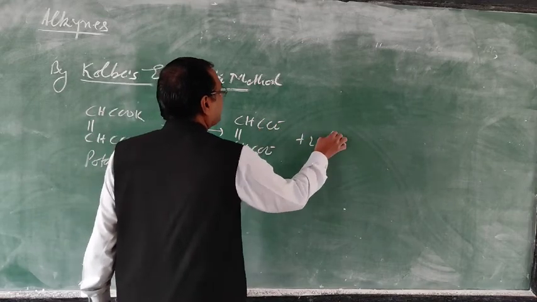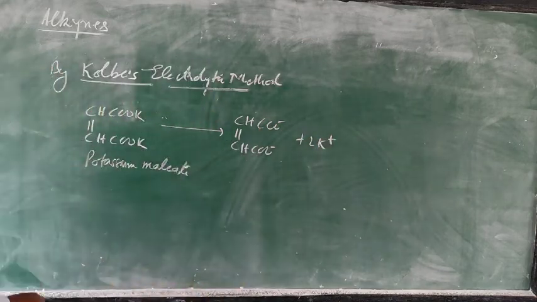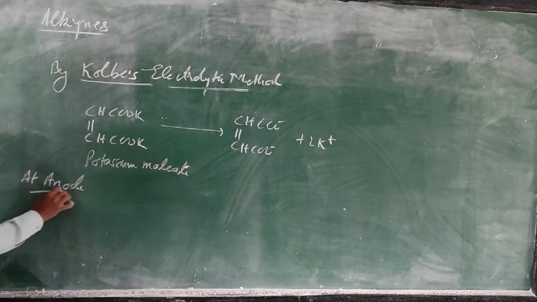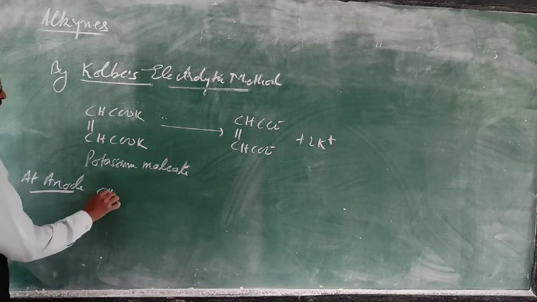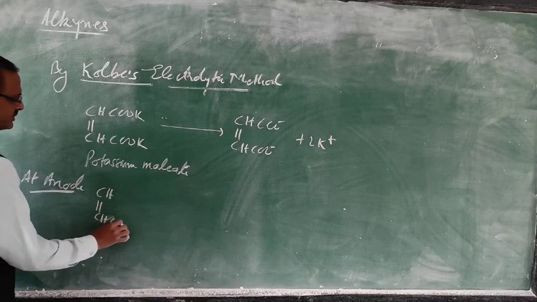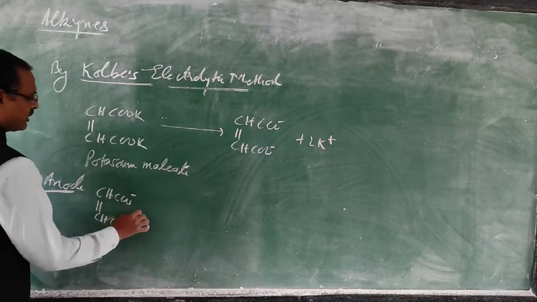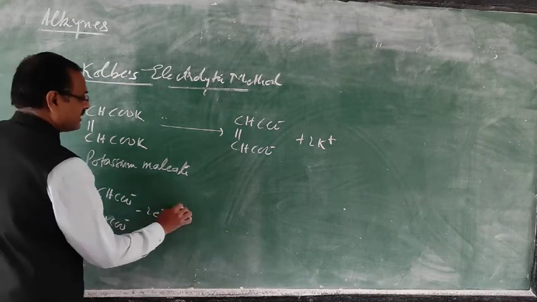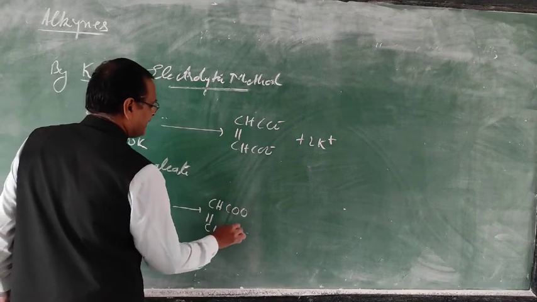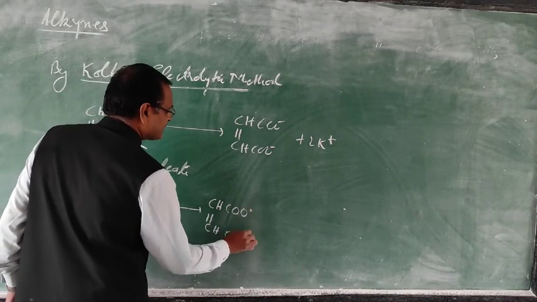At anode, this succinate ion will move towards anode, lose the electron, and form succinate radical that is unstable.